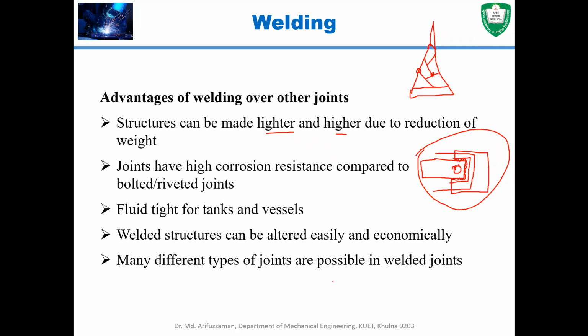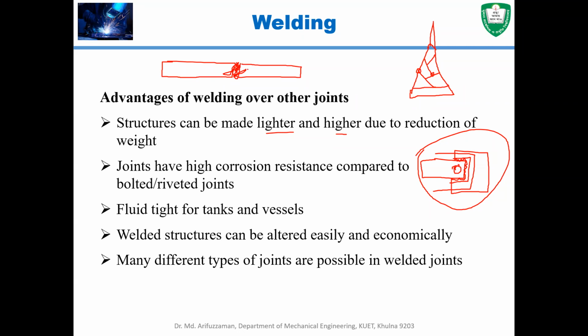And another thing is that many different joints are possible in welded joints, which is not possible in the case of bolted joints. For example, if you want to join two metal pieces parallel with each other in this location, then welding is very easy.